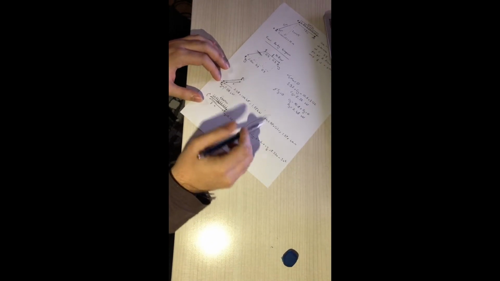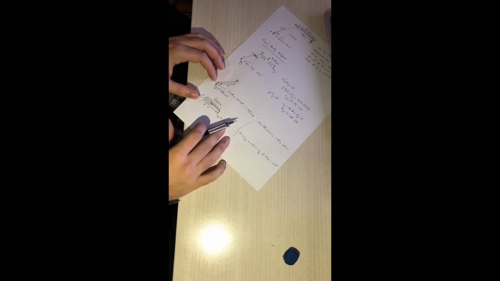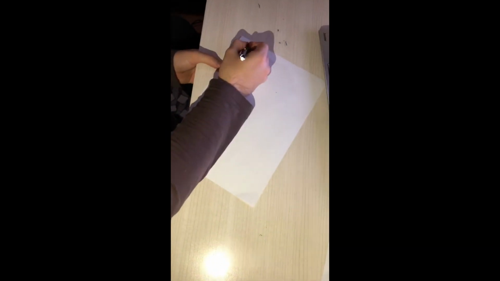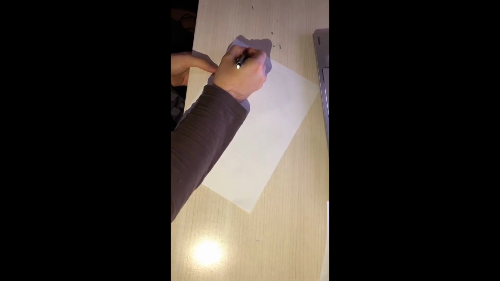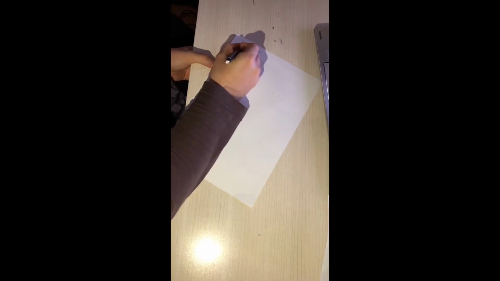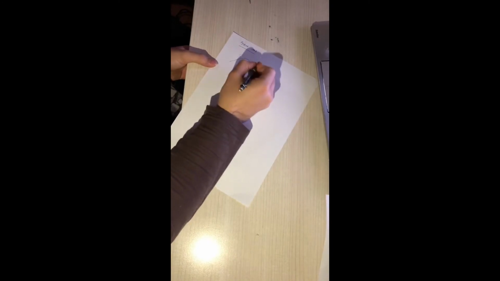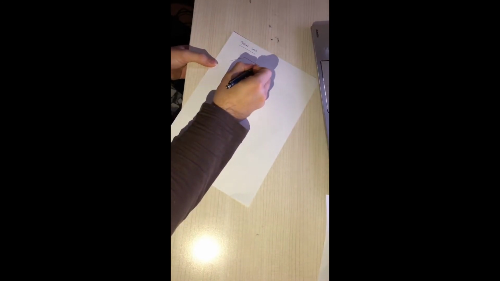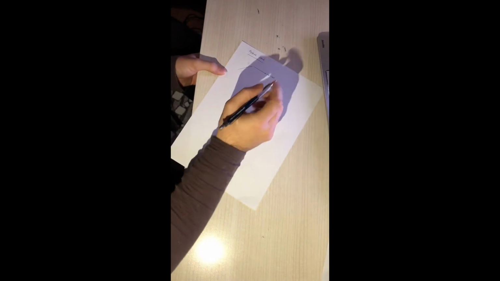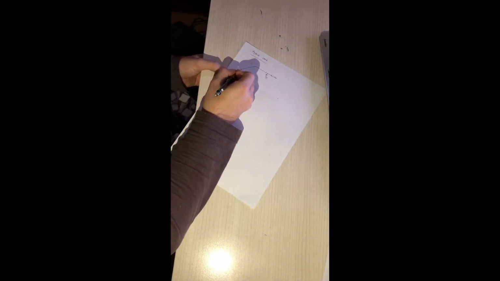This value is for the distributed load, we have two different moments, and now the applied load. Let's draw the figure. There is 1 kilonewton applied load, and we have Cy and we have Ay.